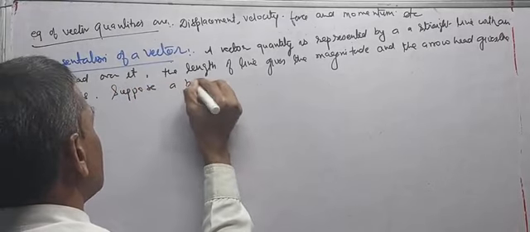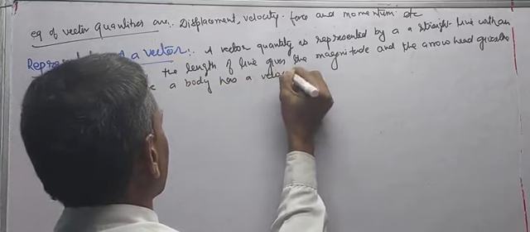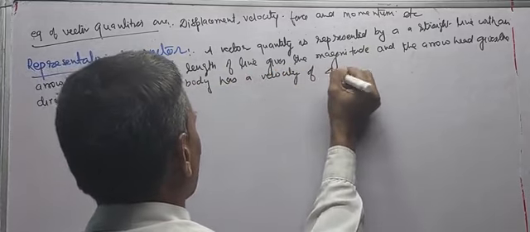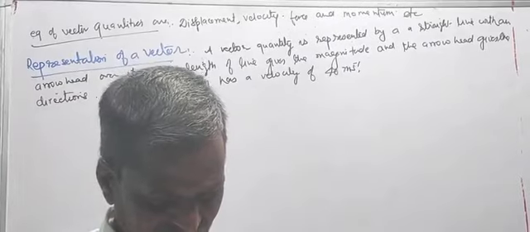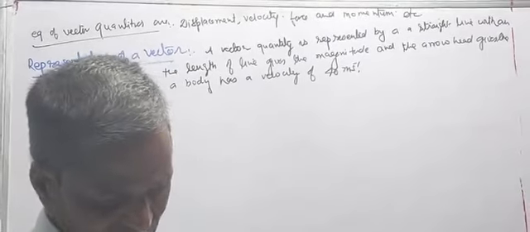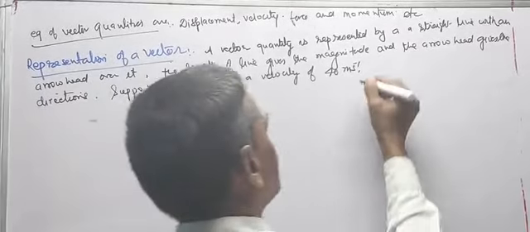Suppose a body has a velocity of 40 meter per second due east.